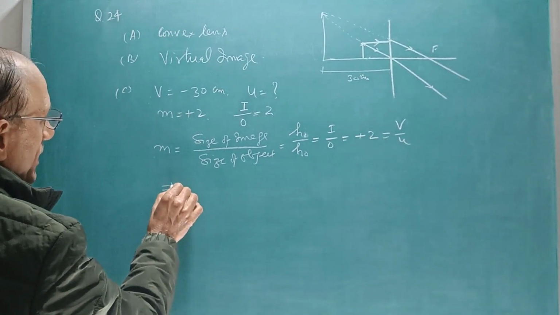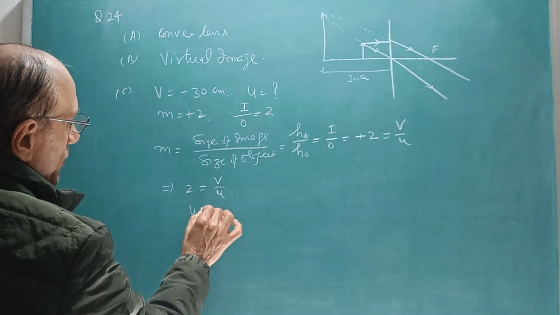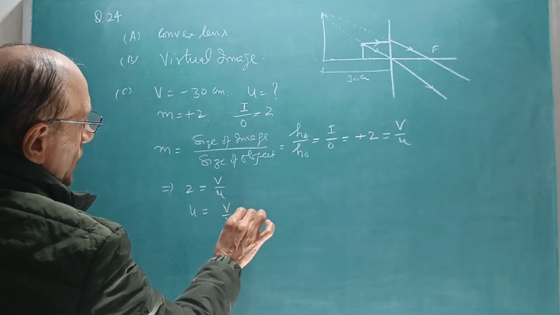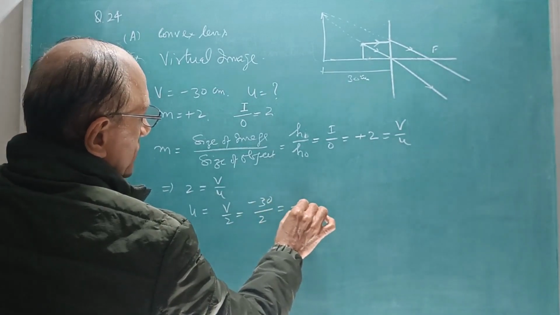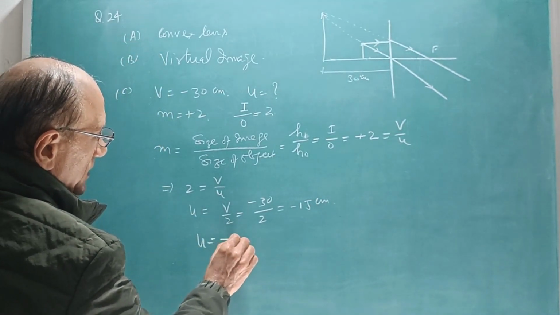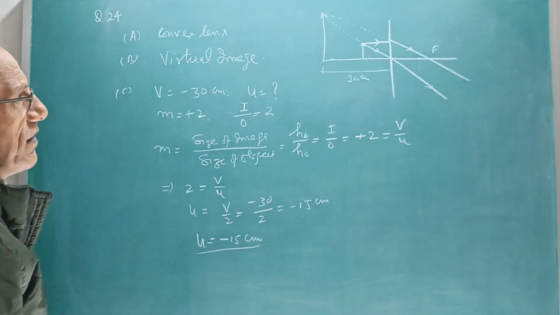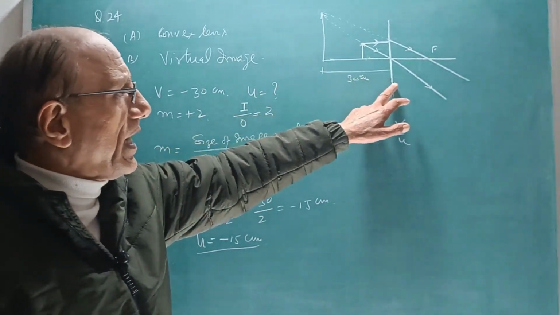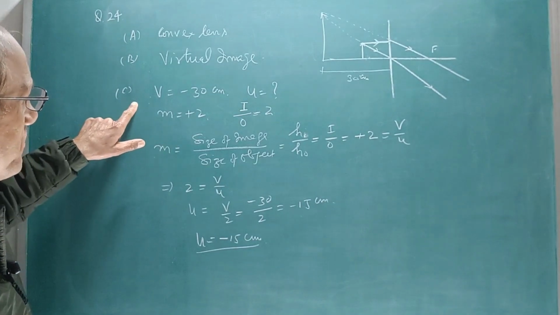So here 2 equals v by u, so u will be equal to v by 2, that is v is minus 30 upon 2, that is minus 15 centimeters. So the object is placed at 15 centimeters from the lens. Just see once again the C part.